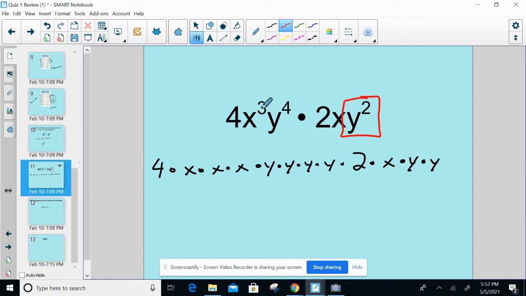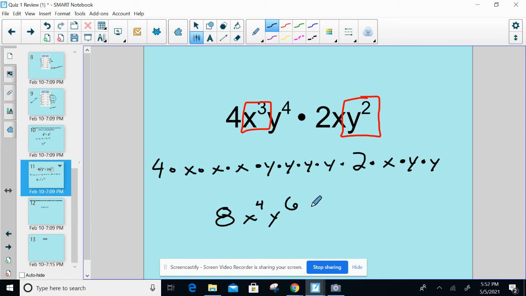All right, same thing here. There's only one 4. The 3 exponent there goes with the base of x. Okay, when you put it back together, numbers still multiply like numbers. 4 times 2 is 8. Count up all your x's. 1, 2, 3, 4. Count up all your y's. 1, 2, 3, 4, 5, 6.